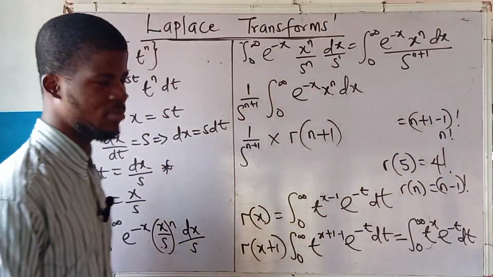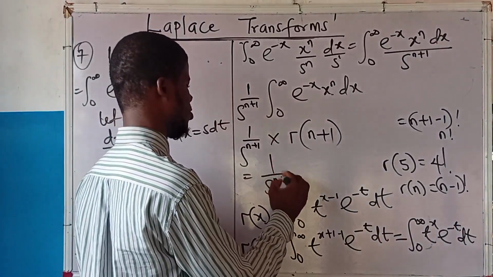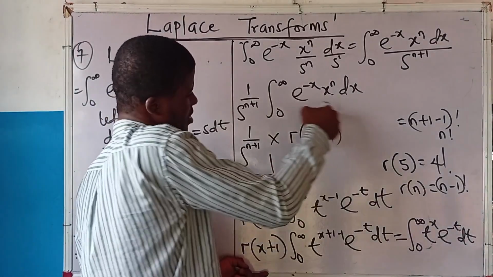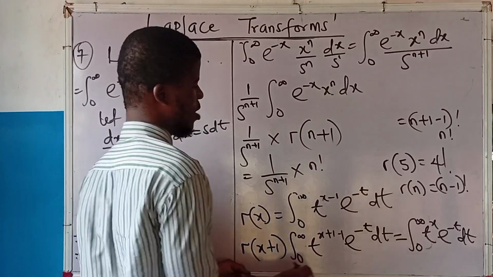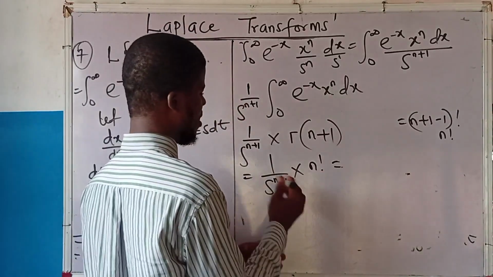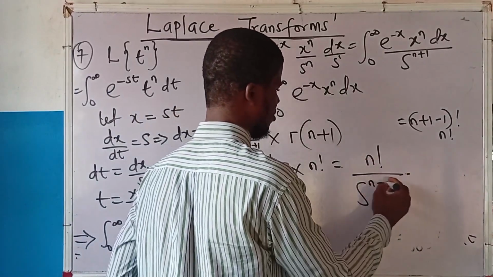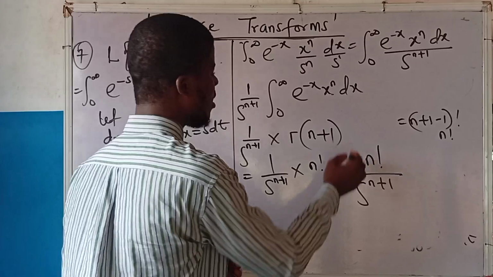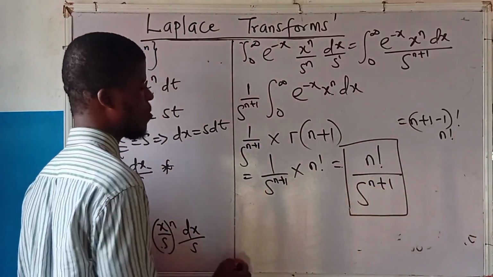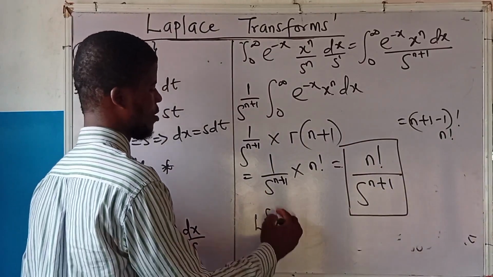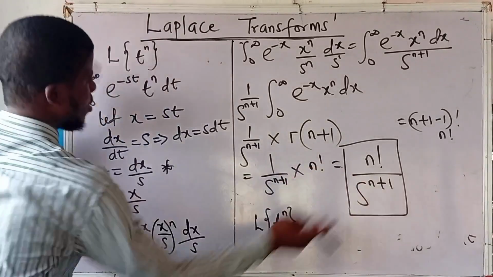Do you get it? So this is 1 over s to the n plus 1 times n factorial. If you multiply this, you will get n factorial over s to the n plus 1. And this is the Laplace transform of t to the power of n. We've gotten it.